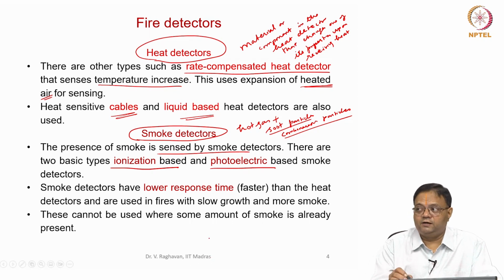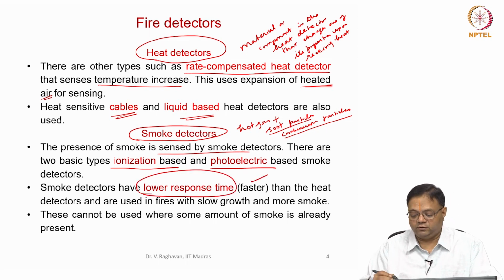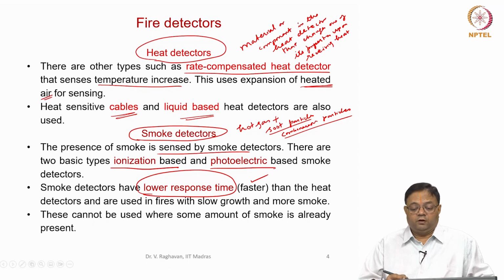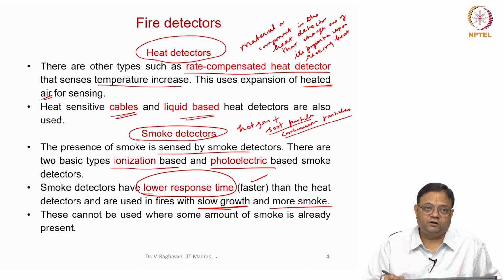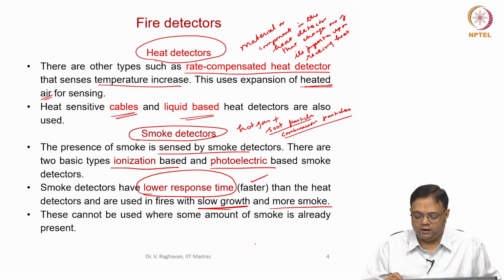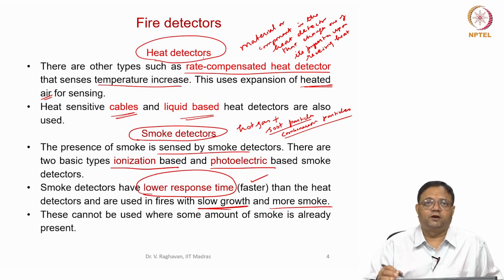When compared to the heat detectors, the smoke detectors have lower response time and they are faster. So that means in compartments where there are fires with slow growth but which should produce more smoke, that can be detected at a faster rate or within a smaller time when compared to heat detectors. Heat detectors are used when a fast growing fire is present.